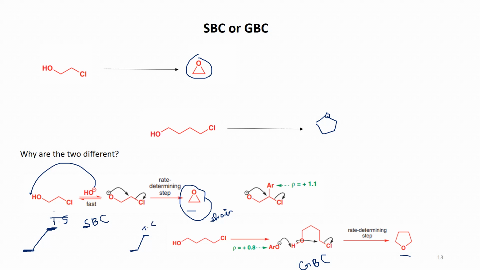Because of that, it can be activated by a very small amount of base or a very weak base. That's why it shows general base catalysis, but here we need a very strong basic condition. Because of that, it undergoes specific base catalysis.